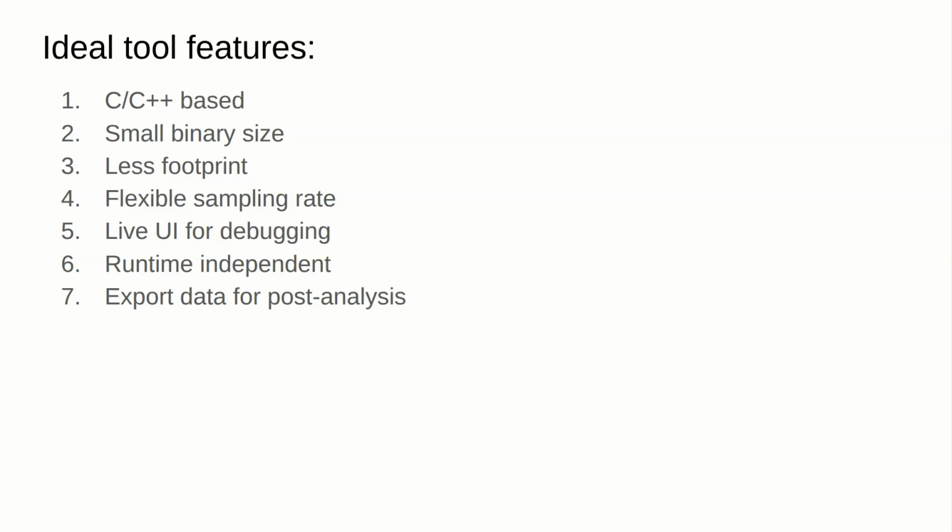A few applications need a very high sampling rate, a few are okay, but having a higher sampling rate is beneficial for us. Apart from this, it would be really great if we have a live UI, so that while doing a bench test, we can create some test cases and figure out where the issues are.